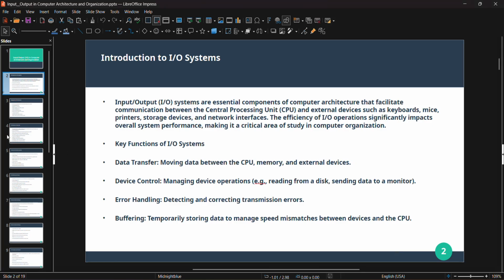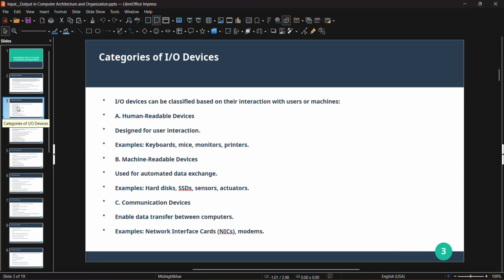Now let's go back and look at the categories of input output devices. There are three categories: the human readable devices, the machine readable devices, and the communication devices. The human readable devices are designed for user interaction, for example, keyboards, mice, monitors, and printers. Basically, all input and output devices are human readable devices.